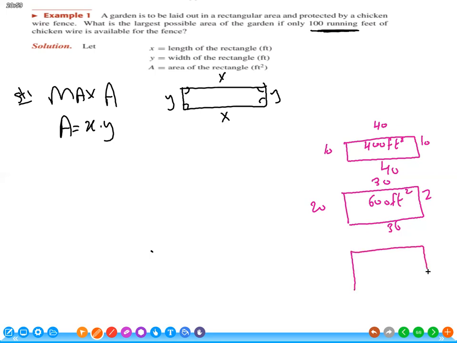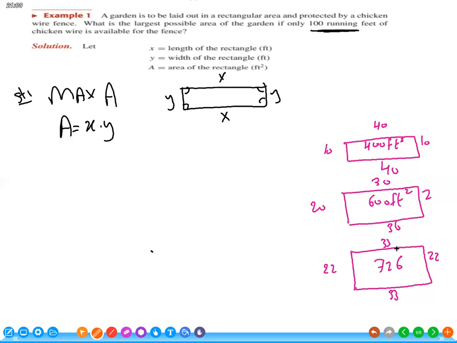If we take 22, 22, and here 33, 33, we can multiply 22 times 33, the area will be 726. Let me check, wait. 22 times 2 plus 33 plus 33.